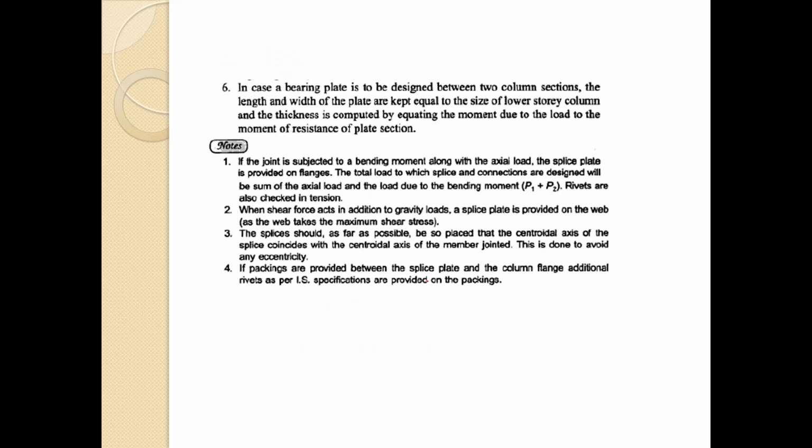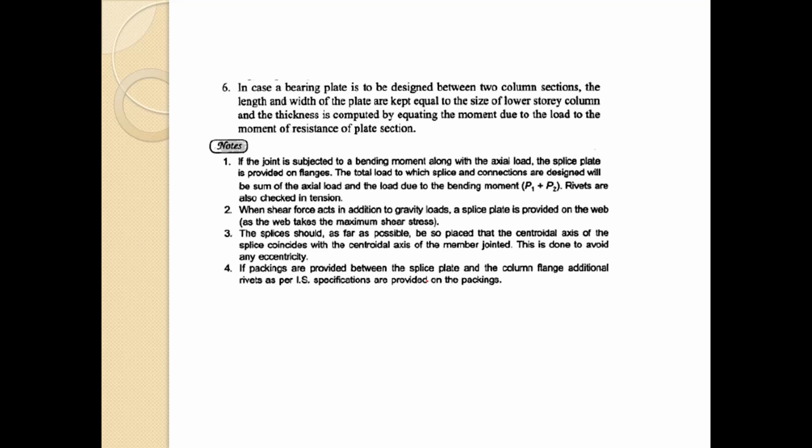And in case a bearing plate is to be designed between two column sections, the length and width of the plate are kept equal to the size of the lower story column, and the thickness is computed by equating the moment due to load to the moment of resistance of the plate section.